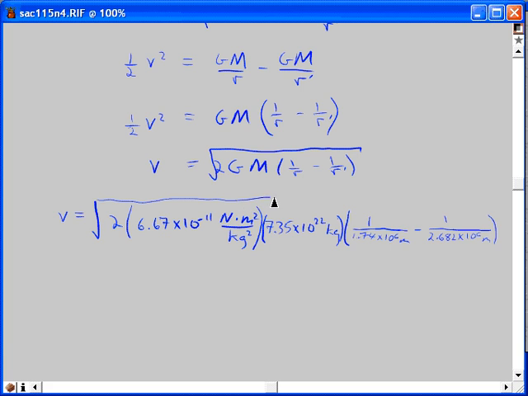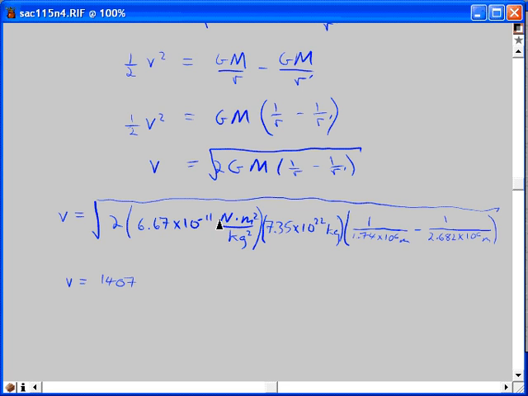Alright. Take the square root of all that, and I get for the speed 1407, and you should work out the meters per second.